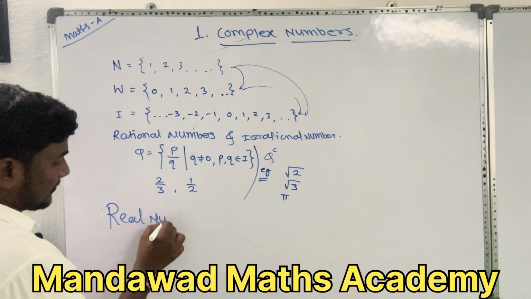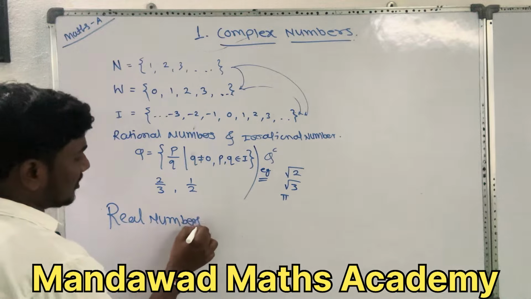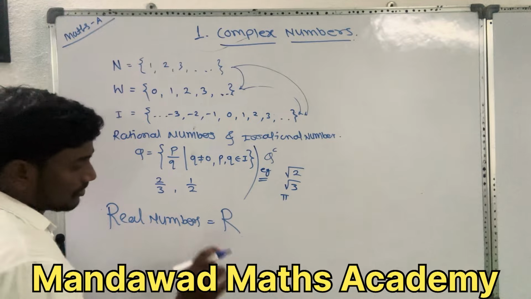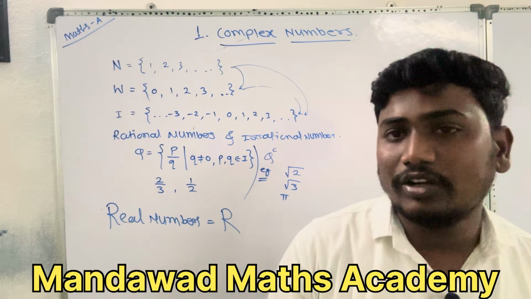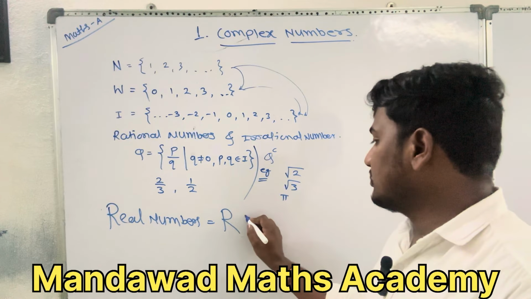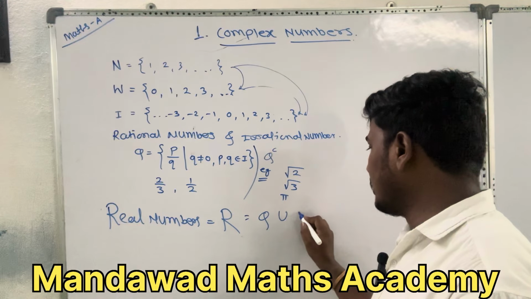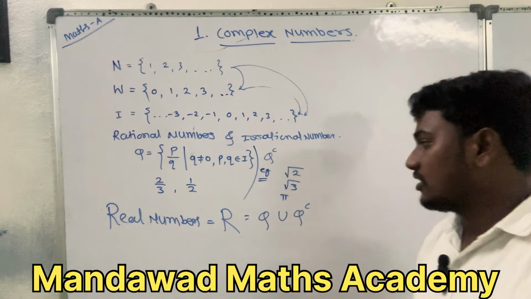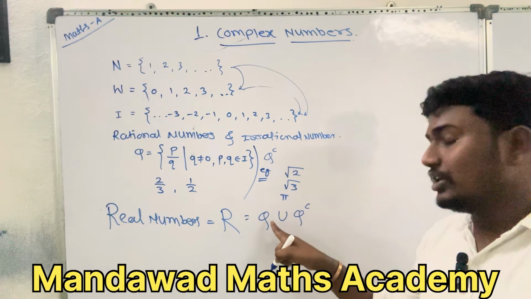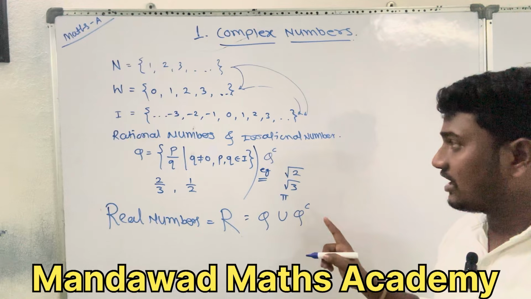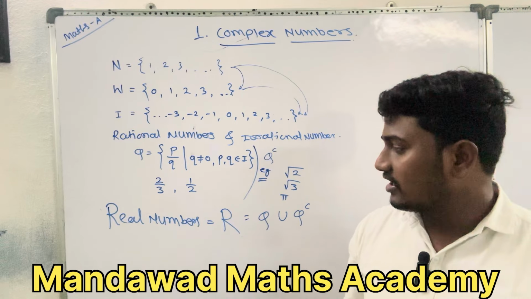Real numbers are generally denoted by capital R, and it is the set of rational numbers union irrational numbers. The real numbers are the union of rational numbers and irrational numbers.